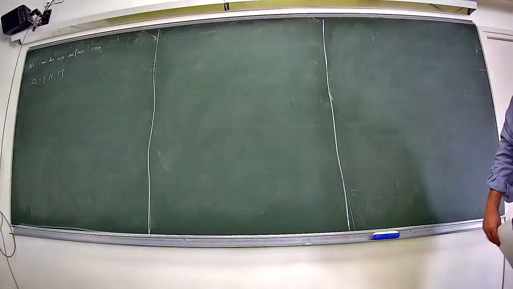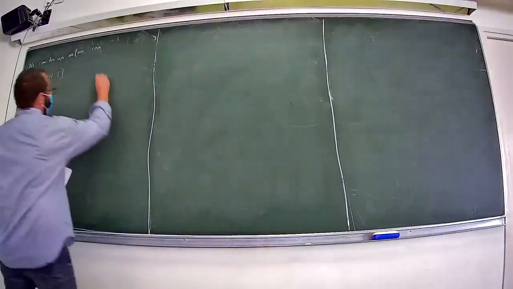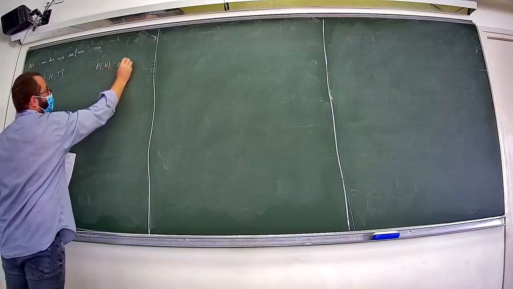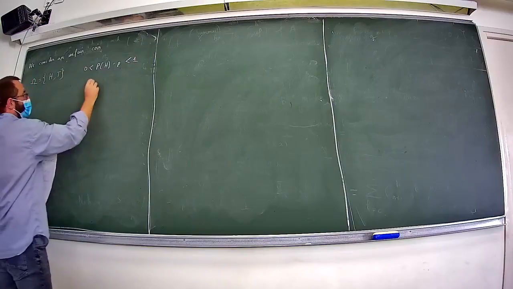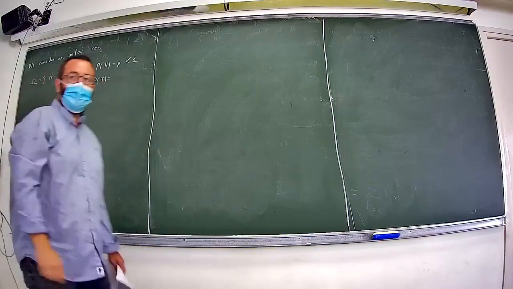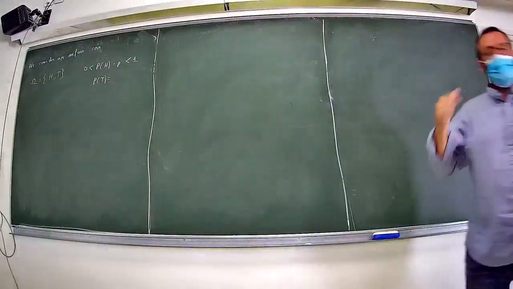So we consider an unfair coin. I will give a name to the probability to obtain head. I call it small p, and I suppose it to be strictly less than 1 and strictly positive. And what will be the probability of tail here? 1 minus p, because it's the complementary.